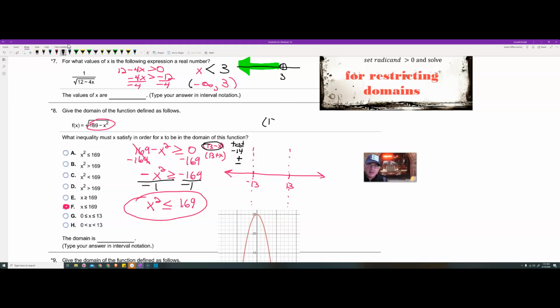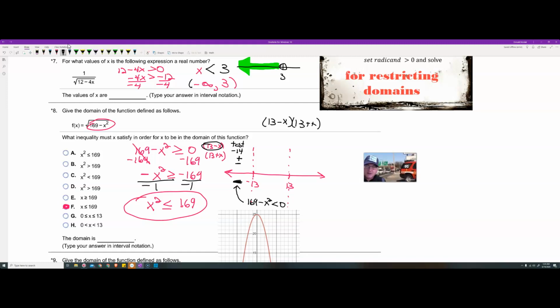A positive times a negative is going to be negative. So that negative tells you that this graph, 169 minus x squared, is less than 0 because it's negative.